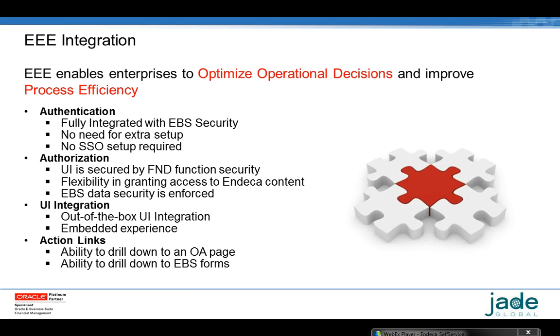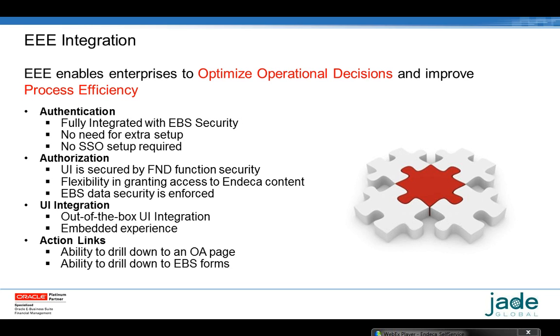Okay. Then UI integration. As I said, there is no difference in UI between what you see in EBS applications versus Endeca pages. It will be the same unique experience. Since the majority of the audience are EBS customers, you know that in Discoverer and OBIE, we used to navigate from Discoverer or OBIE into EBS pages.